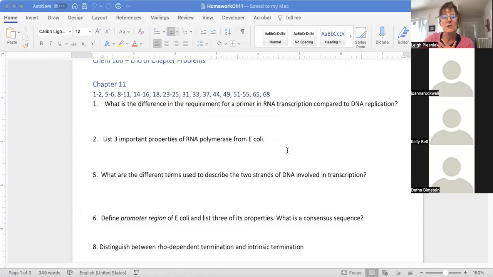Yeah, that's basically what I was thinking of. Oh, and I don't know if I mentioned that it needs a template. Okay.